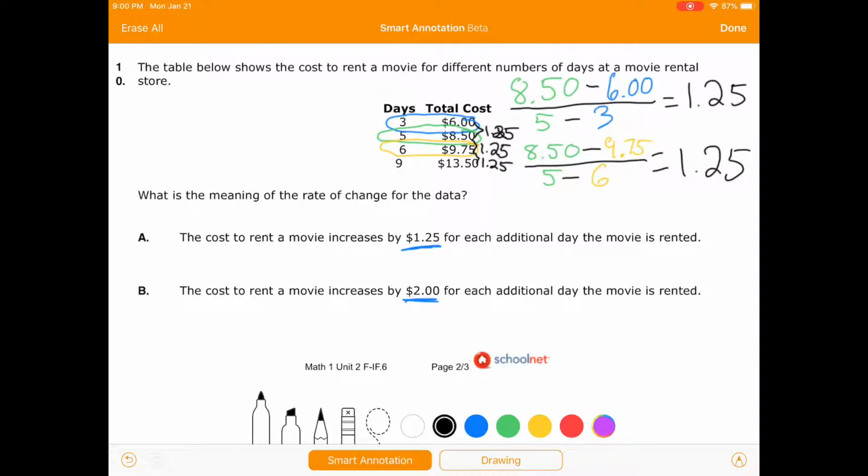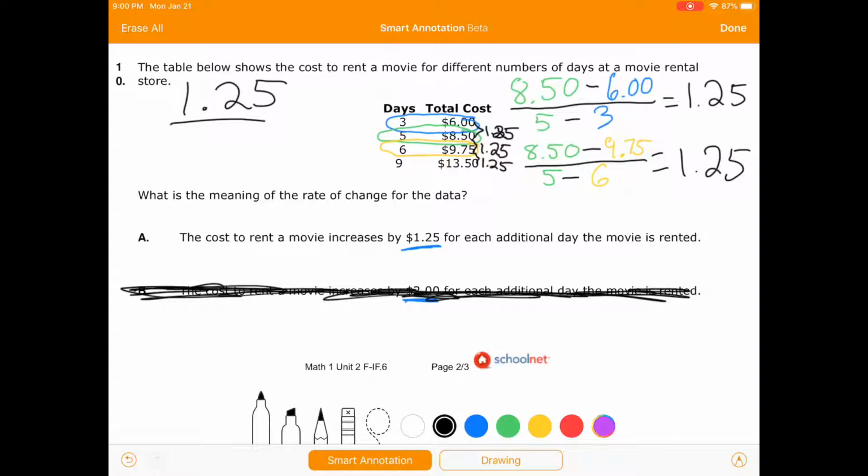So we obviously can mark out B anyways because it has the cost changing by $2, and that's obviously not the case. But we want to zone in on what this rate of change tells us. Well, under any number, our denominator of 1.25 is going to be 1, always.